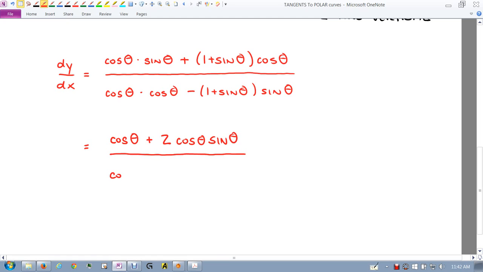Cosine theta squared minus sine squared theta if you want, and then minus sine theta.